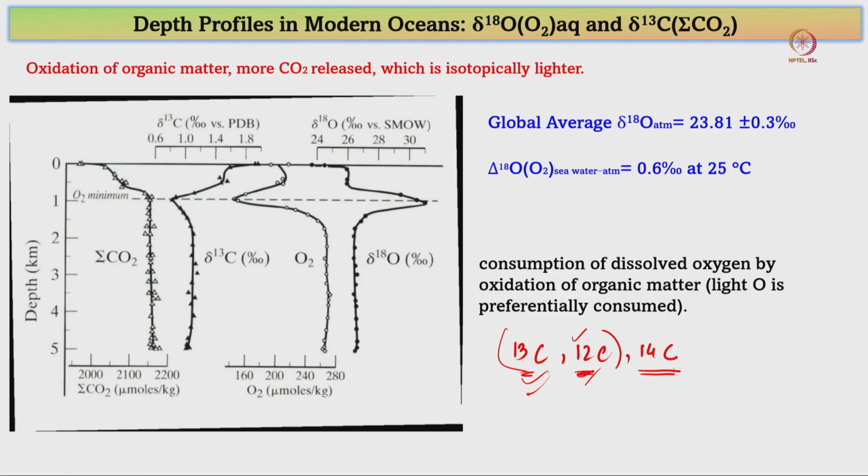So, if I am looking into an oceanic profile from 0 kilometer to 5 kilometer, here there are 4 vertical lines. Let us understand what the lines are first. Okay. You will see there are 4 axes: one is the delta 13C, one is the delta 18O, here we have the oxygen and here we have the carbon dioxide.